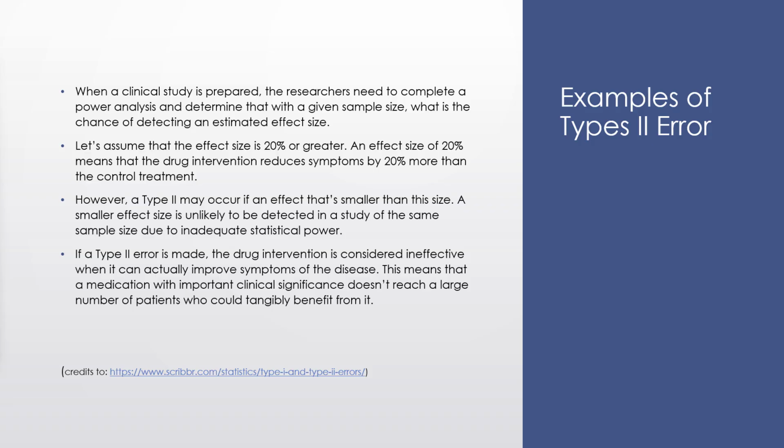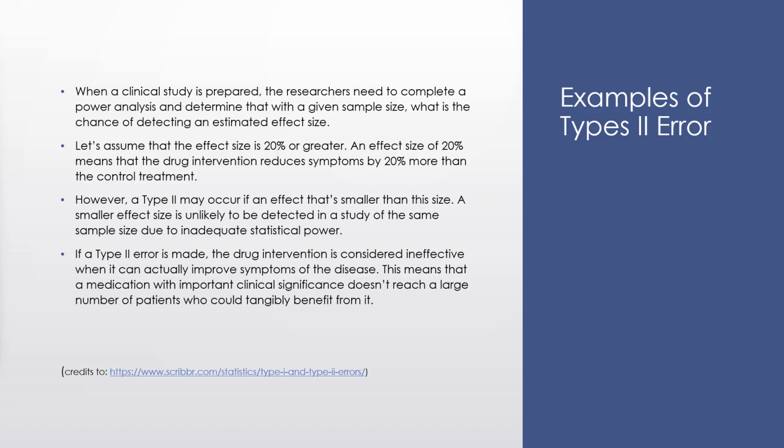However, if the true effect exists but it's smaller than 20%, her study design might not detect it because of insufficient statistical power. In that case, she would fail to reject the null hypothesis and commit a type 2 error.